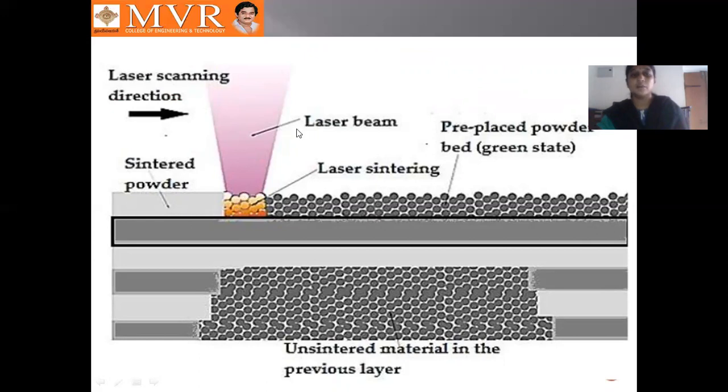The laser sinters the pre-placed powder bed, the green state unsintered material, into the previous layer. The laser scan direction is projected through the powdered material, then the powdered material is made into fine material, and then the product is formed.